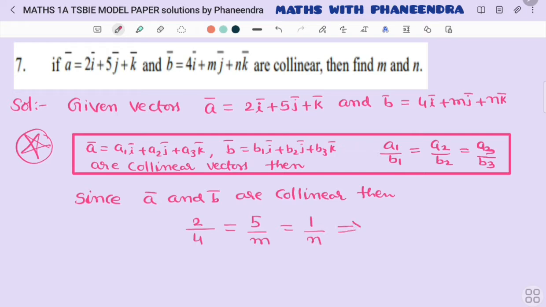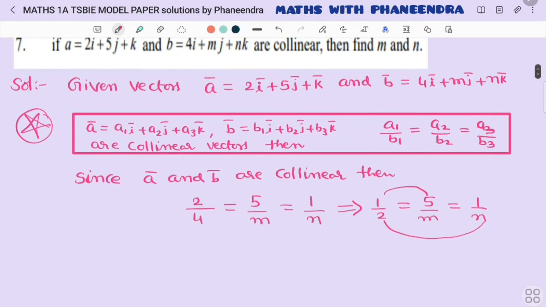That implies 2 by 4 means 1 by 2 is equal to 5 by m is equal to 1 by n. Equating these two, 1 by 2 is equal to 5 by m. Cross multiplication, m is equal to 10.